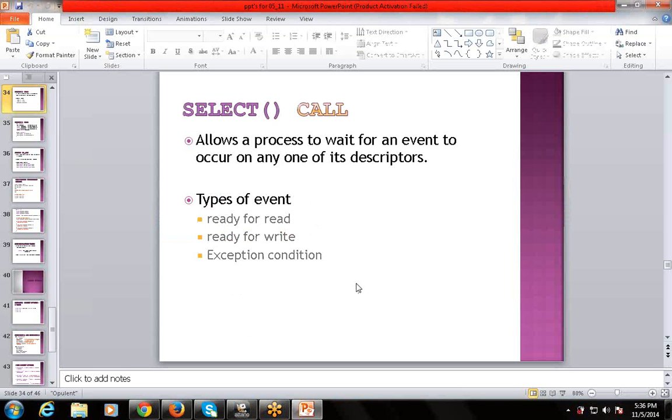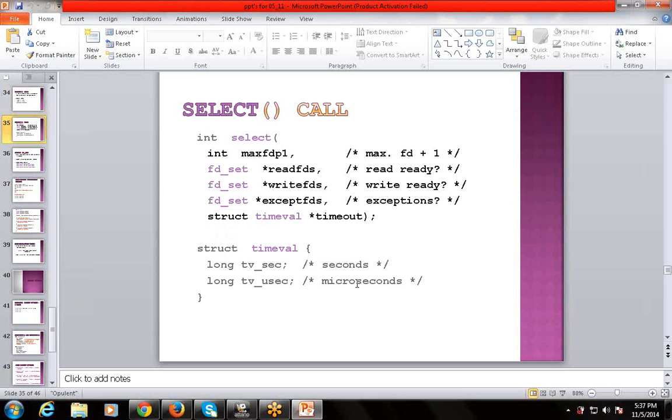First of all, there is a select call that allows a process to wait for an event to occur on any one of its descriptors. What types of events are available? One is a read operation, one is a write operation, and one is an exception condition.